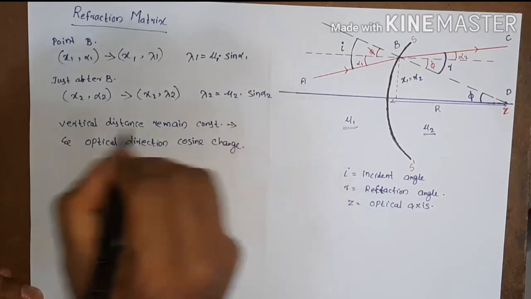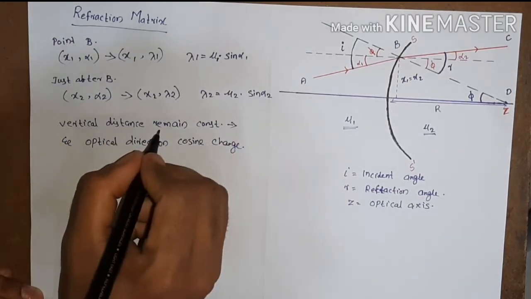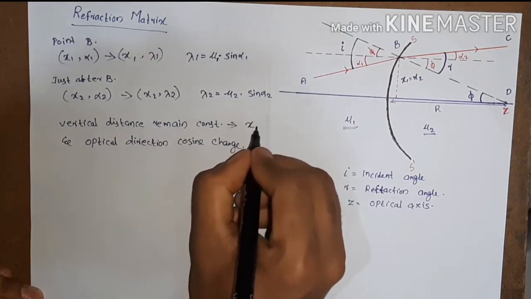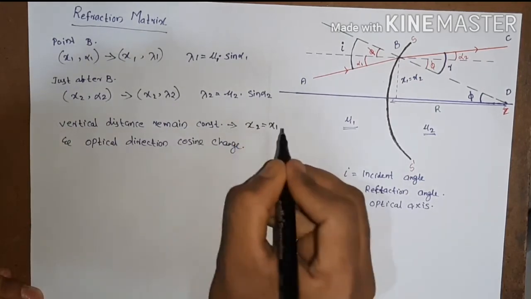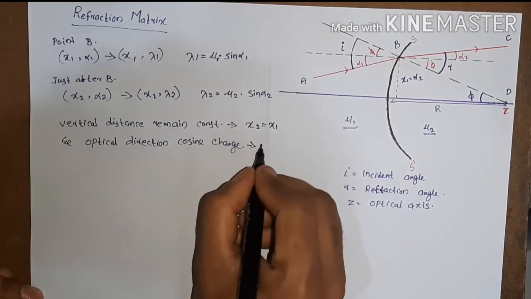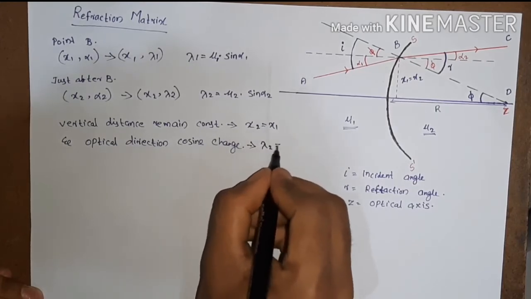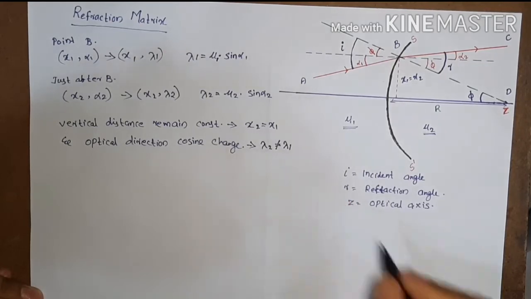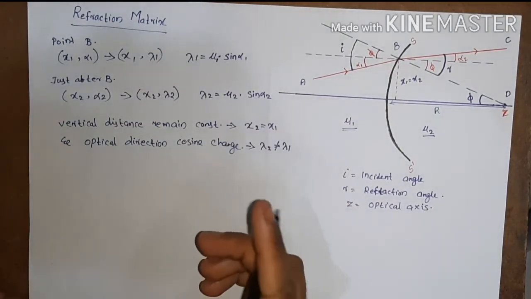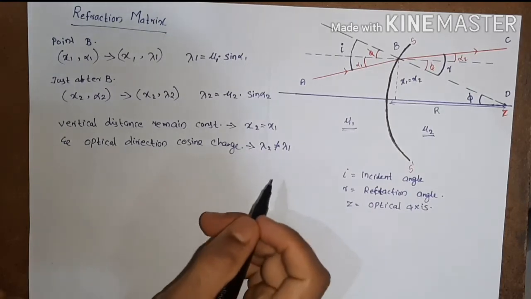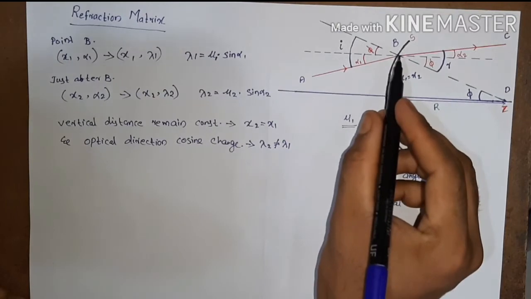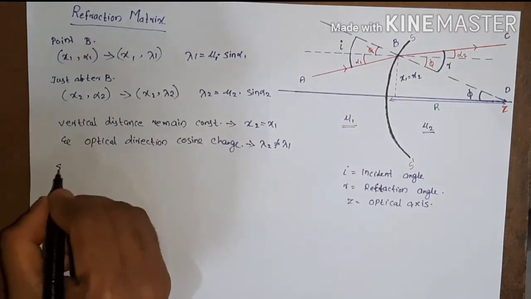So we can see that since the vertical distance remains constant before and after the process of refraction, we can write x2 equal to x1, and since the optical direction cosine changes, we can write lambda 2 is not equal to lambda 1. Now the optical law which represents the process of refraction is nothing but Snell's law.